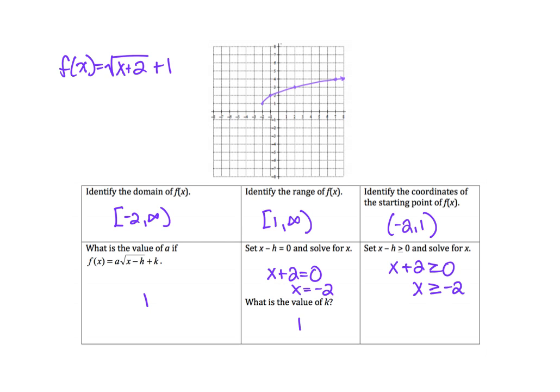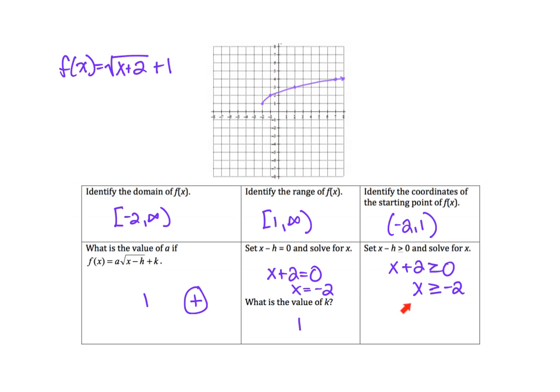So the way that I can find the starting point of my graph is by setting the radicand equal to 0 and solving for x, and then recognizing what the value of k is. That would be the starting point. I want you to take note that in this particular case, a is positive. And in a minute, we are going to notice something about how that changes my graph.